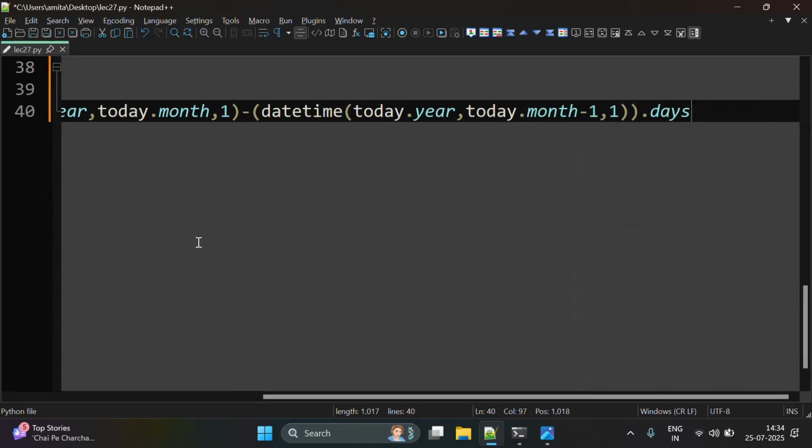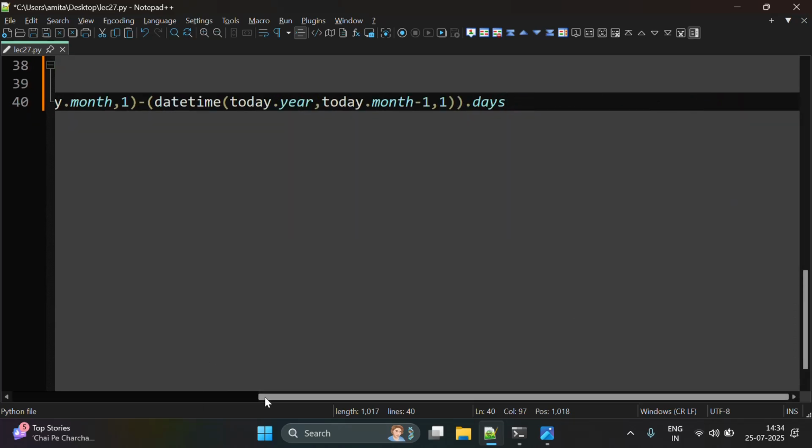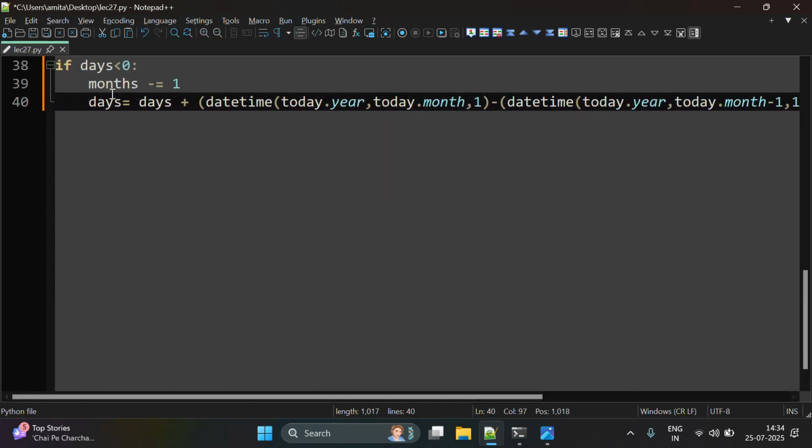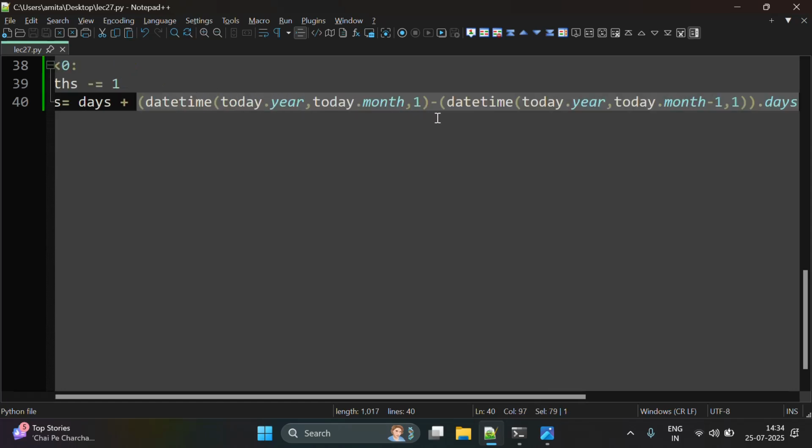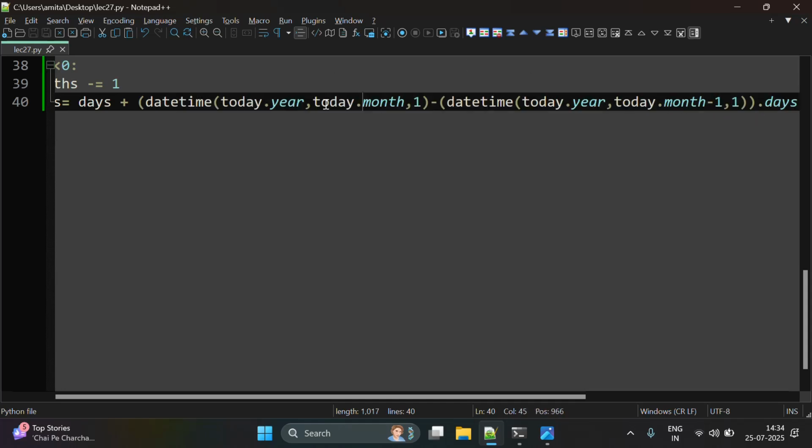So what this means is the same as we had discussed, that days should be added to the number of days, that is 1st July minus 1st June. So here it is written today.month, and here it is today.month minus 1.